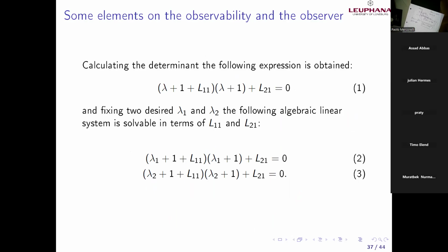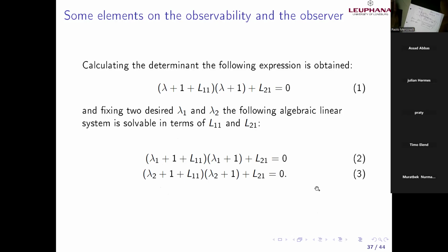Now, do you remember I told you at the beginning, the idea is to fix two eigenvalues faster than the eigenvalues of the system. Now we will clarify with MATLAB. The eigenvalues of the system are the eigenvalues of matrix A. But look at these two equations. Now we can understand much better, because I can fix lambda 1 and lambda 2, we will see with MATLAB.